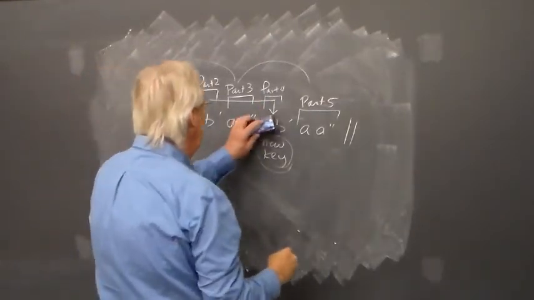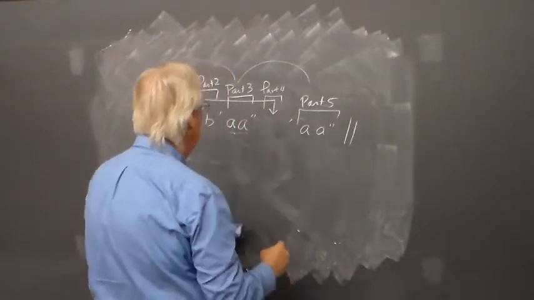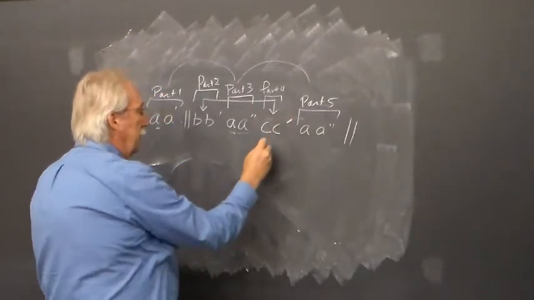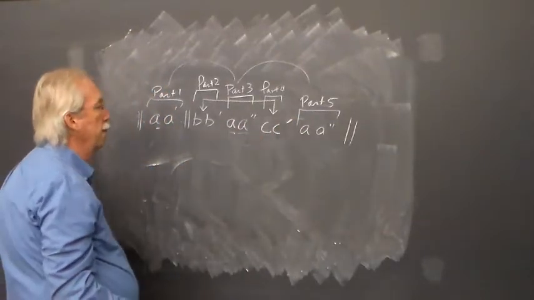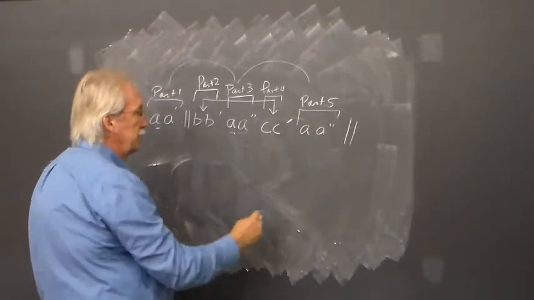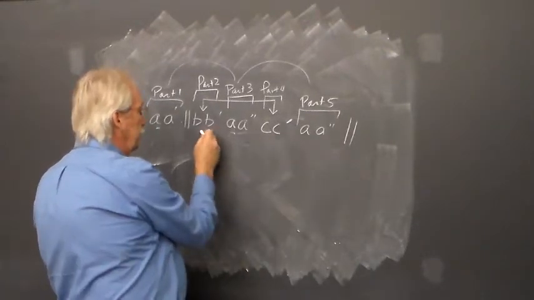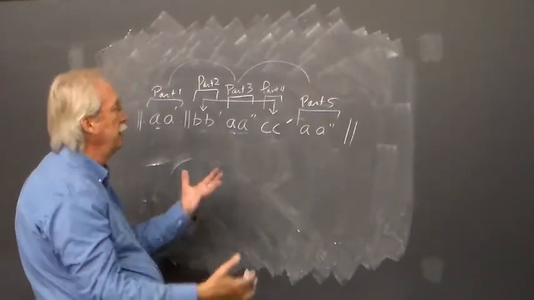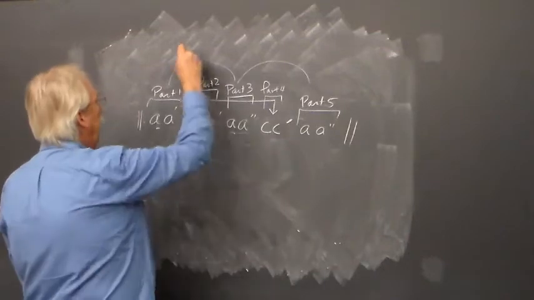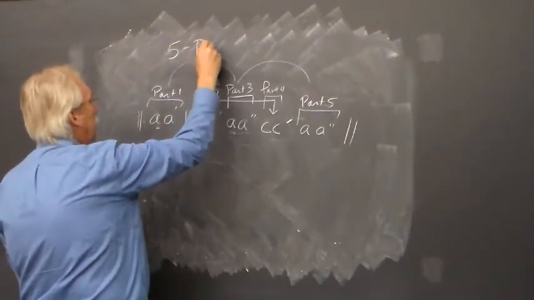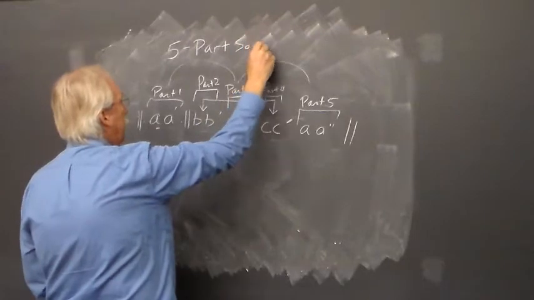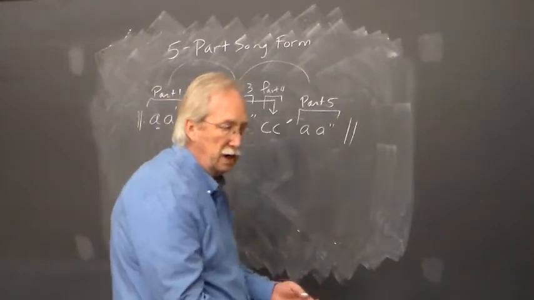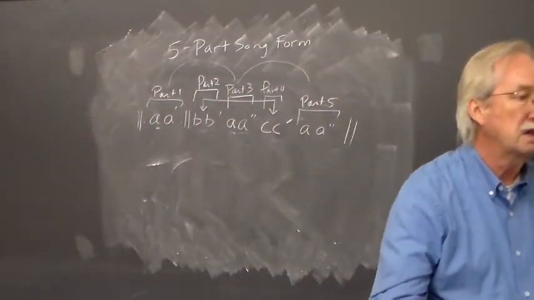So if this is completely different material, so let's say we have that, C and C prime, then that would be obviously a part 4. And so it's just in the case where this comes back and you feel like it's changed so much that you want to call it a part 4. Anyway, this is the basic pattern for a 5-part song form. So we're going to look at a couple of examples of that next.